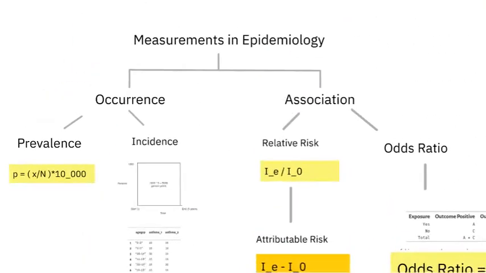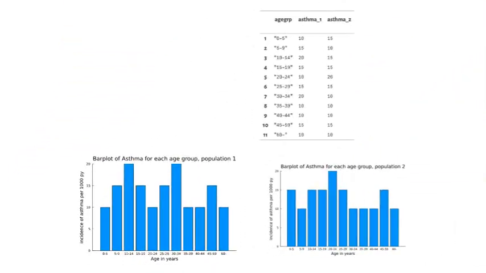So if we go back and think in terms of what we've been doing, this constitutes the completion of the first half of the measurements in epidemiology and that of the occurrence and incidence for this module. We had taken a look at prevalence, we had taken a look at incidence, and how we might think in terms of age specific incidence and prevalence.